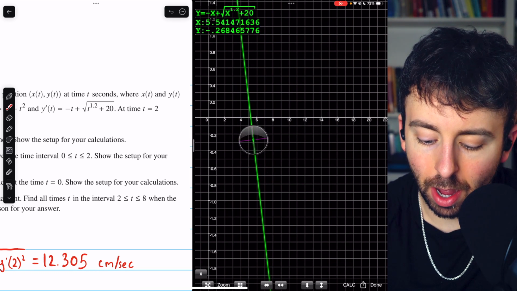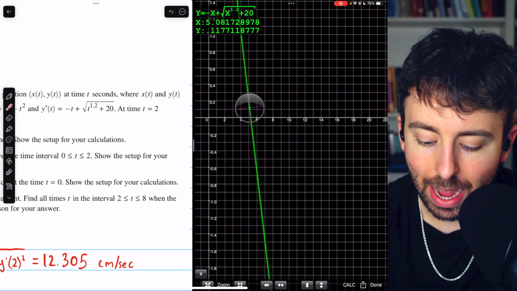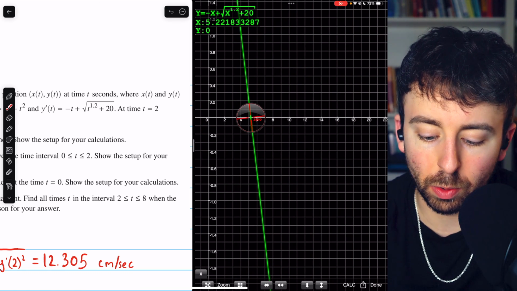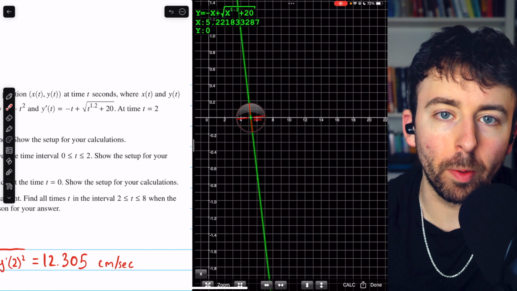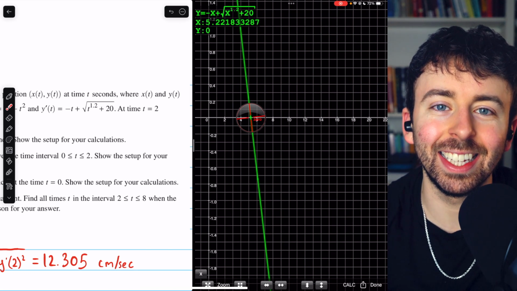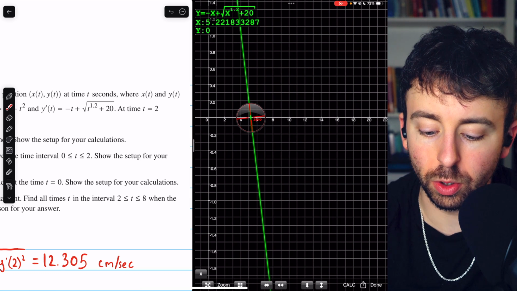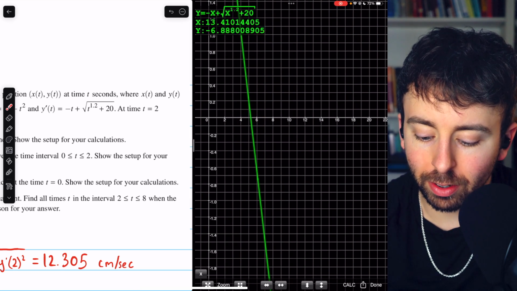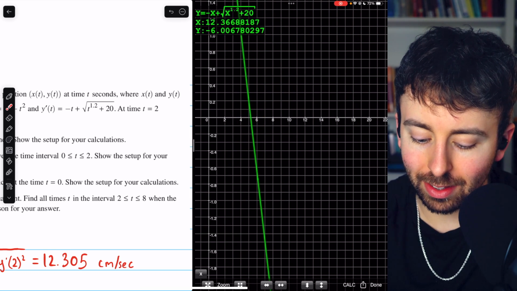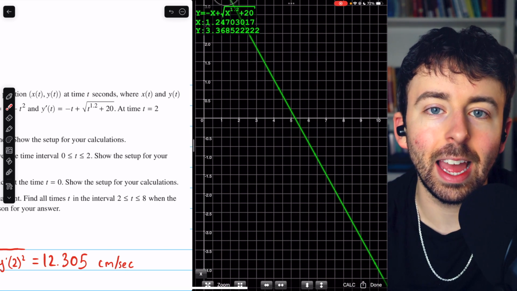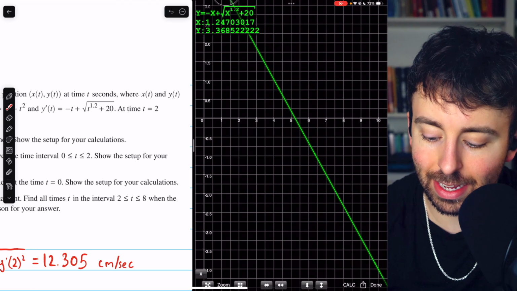Well, it is positive at the beginning, but then it passes 0 at x equals 5.222. Or, for our purposes, that independent variable really is t. So at time t equals 5.222, that's when it starts to become negative, and we can see that it remains negative certainly past the endpoint of the interval at t equals 8.